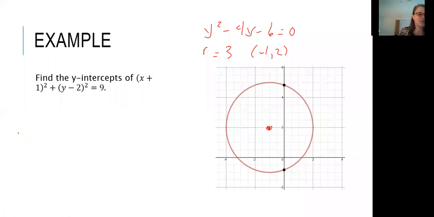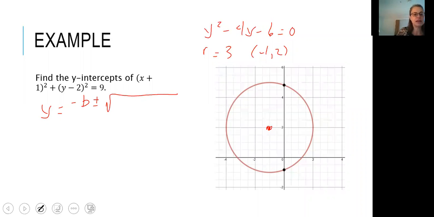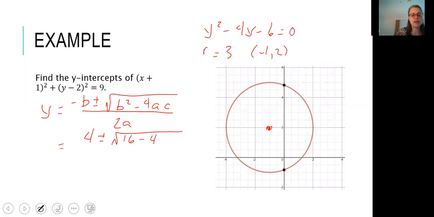But for now, we're going to remember that y equals negative b plus or minus the square root of b squared minus 4ac, all over 2a. Now in this case, b equals negative 4, so the negative of negative 4 is 4, plus or minus the square root of 4 squared, which is 16, minus 4 times 1 times negative 6, all over 2 times a, which is 1, so 2.